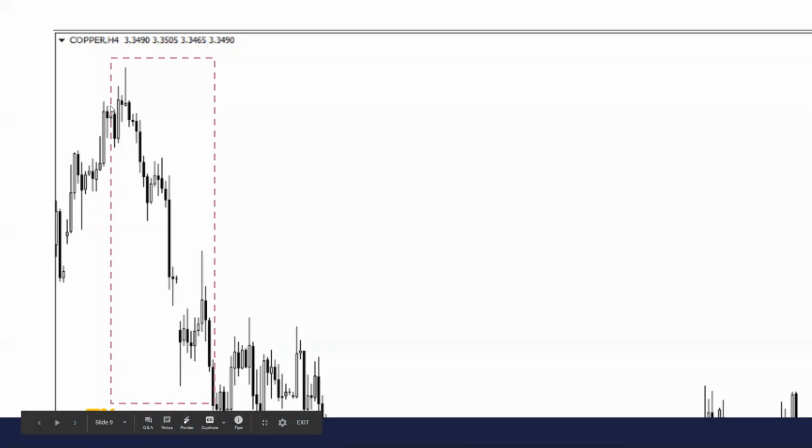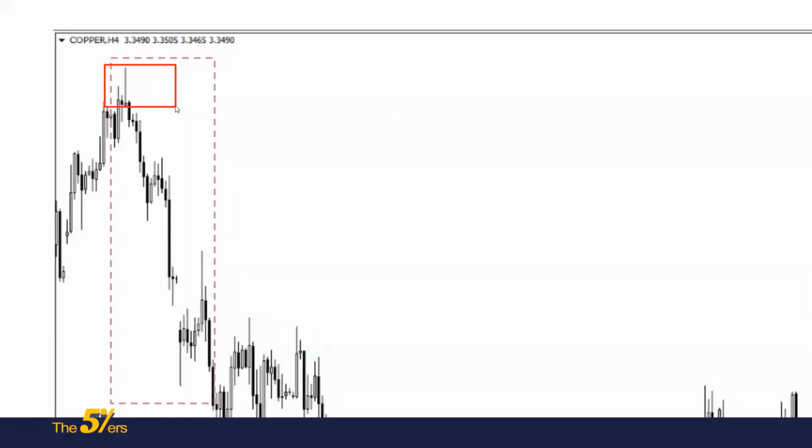So we see price basing, and then from this bar and on, we see price dropping and never coming back to this area. So the first breakout that we can see is right about below this pin bar candle. So that will be here, will be our decision point.